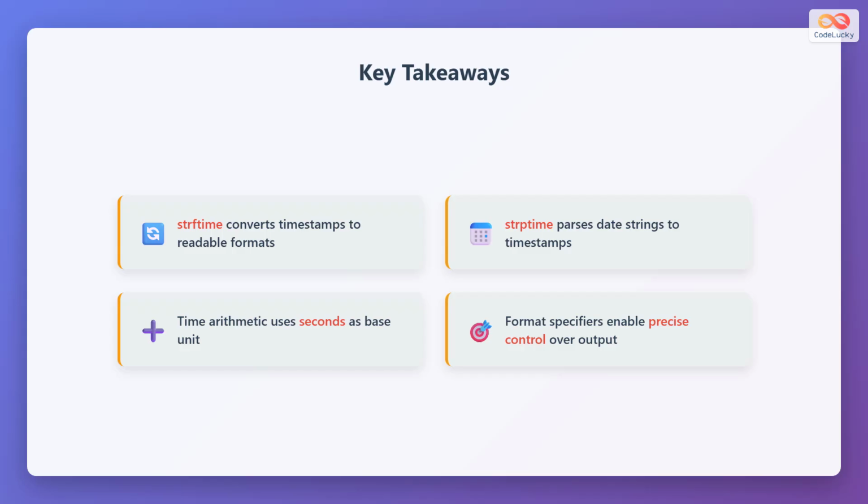Third, time arithmetic uses seconds as the base unit, so remember that 1 hour equals 3,600 seconds, and 1 day equals 86,400 seconds. Finally, format specifiers enable precise control over output formats, allowing you to match organizational standards or create custom displays. Practice these concepts with your own data to build confidence and discover additional applications for your specific use cases.